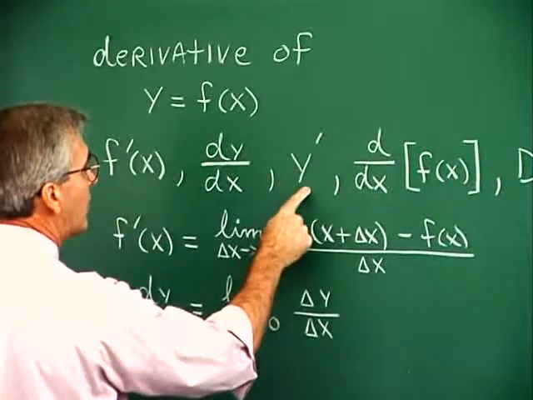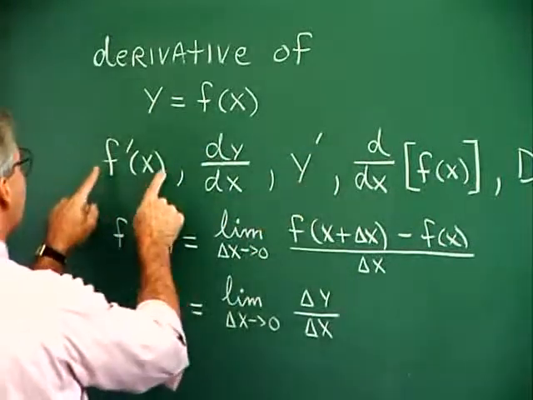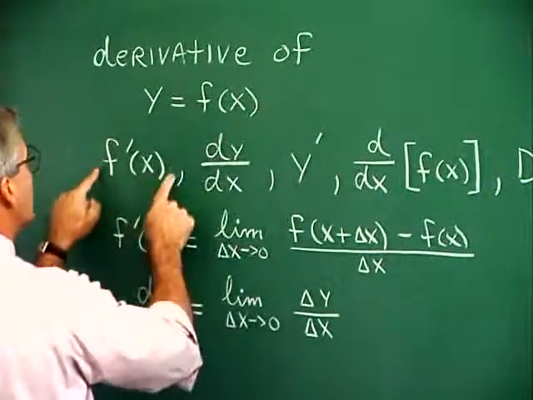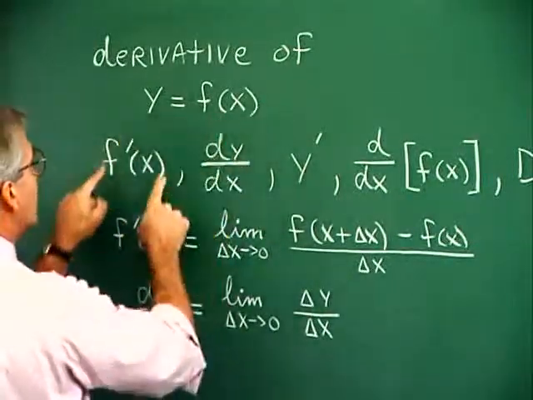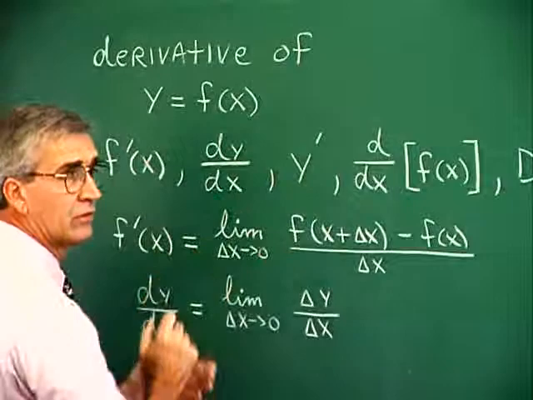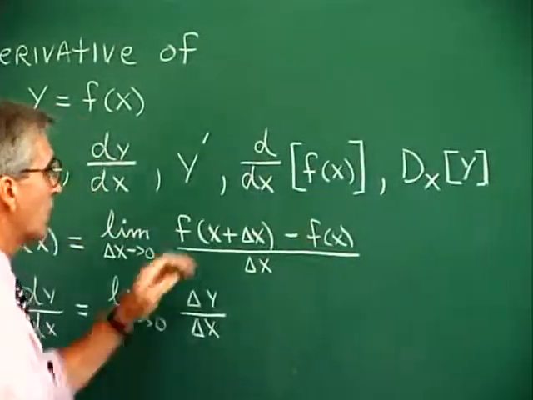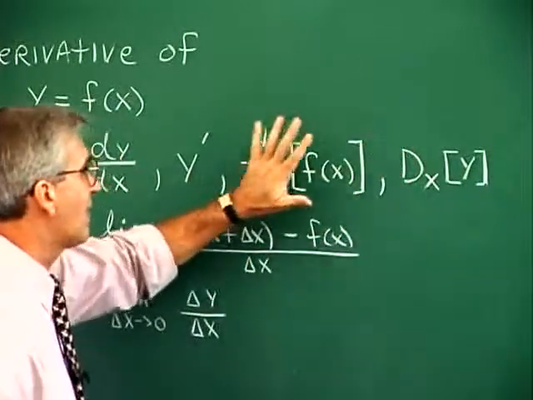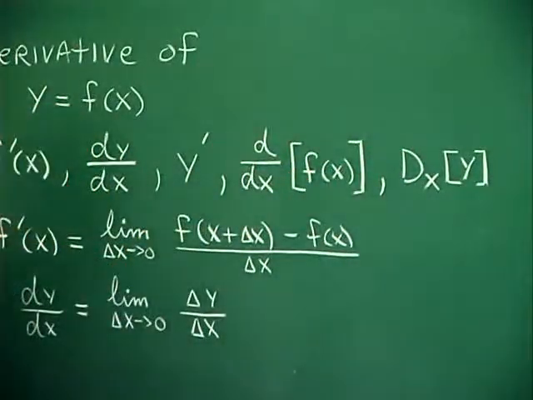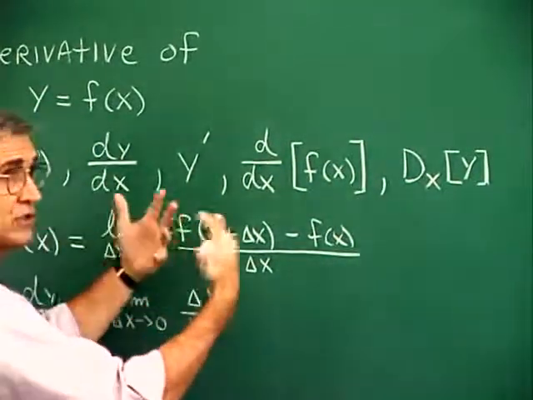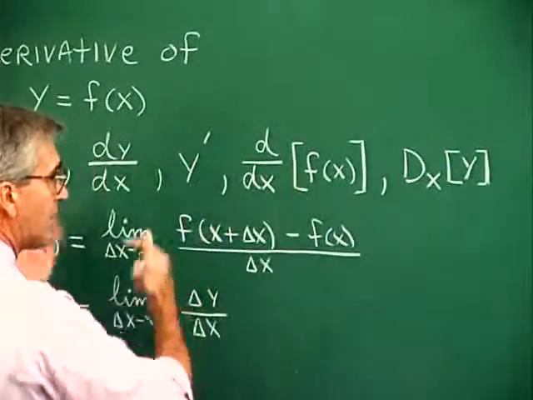And also y prime, which kind of makes sense too. If f prime of x is the derivative, then y prime would make a little bit of sense too. And these are also other notations that are in general use. We're not going to probably use these very often, at least certainly not right now. And when we get to them, I'll mention that they correspond with what we've been using.